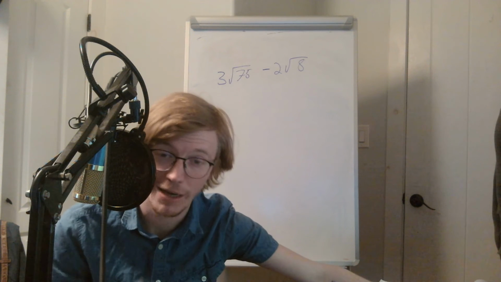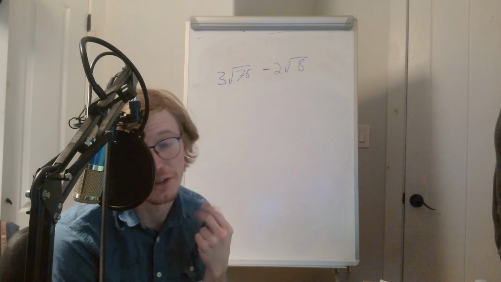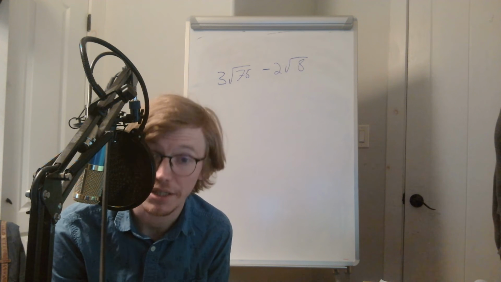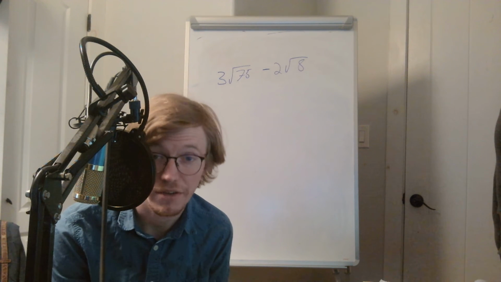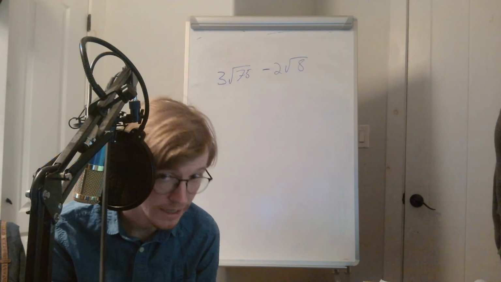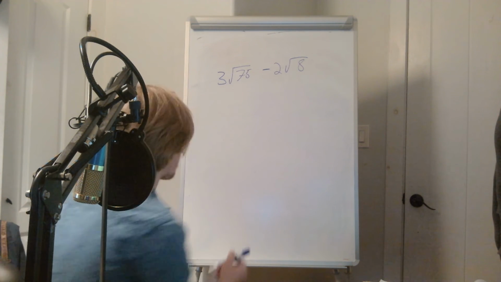All right, did you get it? I hope you got it. And if not, the two numbers we're looking for are 3 and 25. 3 and 25 multiply to be 75. And 25 is a perfect square, right? So let's break it down.